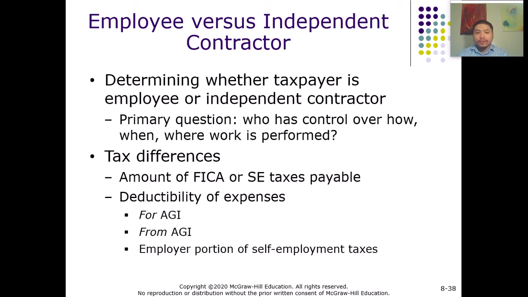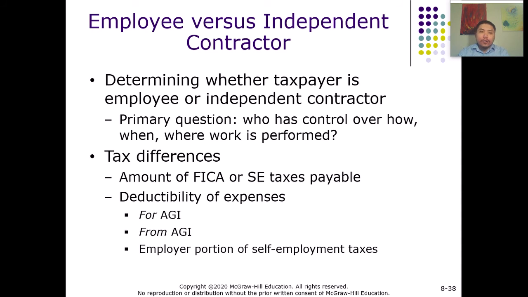If you are an employee, for example, some of the employee expenses that are not reimbursed by the employers, the employee cannot deduct anything out of that, as we discussed a little bit in earlier chapters, right?